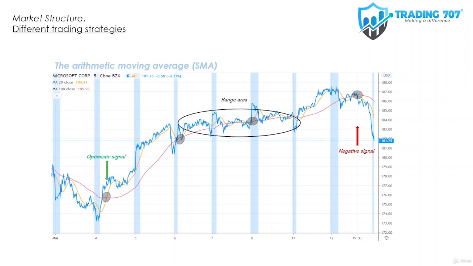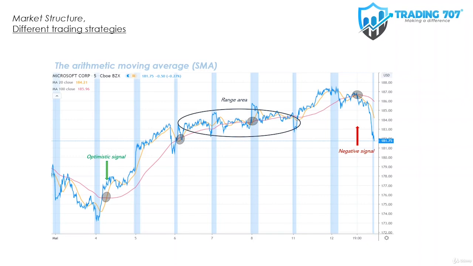On May 4, we see that following a bearish trend, the short-term SMA crossed the long-term SMA on the upward side. What does it mean? It simply means that the short-term trend is more optimistic about the upward price trend compared to the underlying trend.